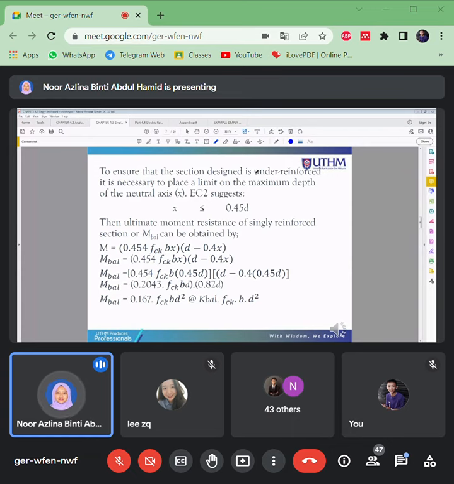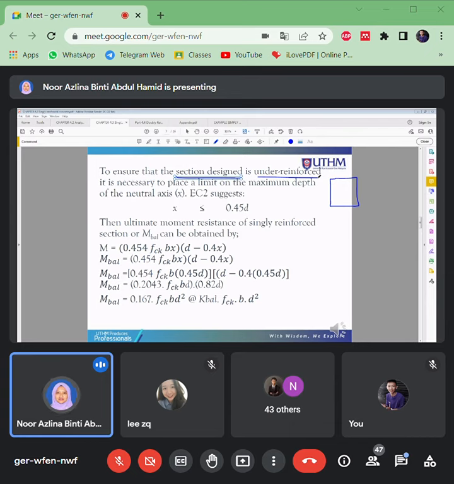Alright, so at the same time, to ensure that the section designs here, for the beams here, is under reinforced. So remember, we design for under reinforced in order to ensure that the steel can achieve its yield limit. Then after that, we continue with the concrete failure.